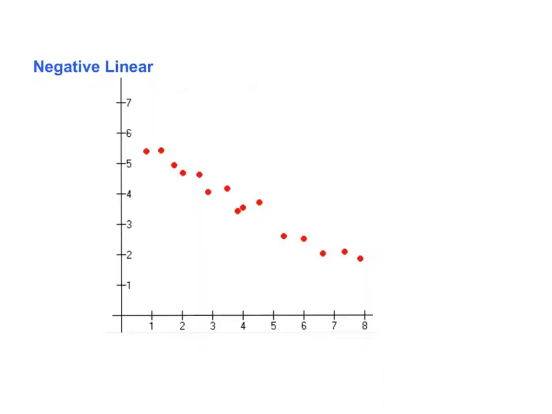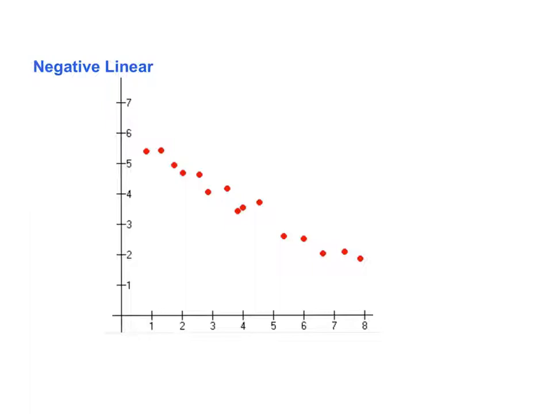Of course, we could have a negative linear relationship. Would we call this one strong or weak? What do you think? Strong or weak? Are the points bunched together in a way that it clearly defines the line? No. Yeah. I mean, you should see a line in there, right?